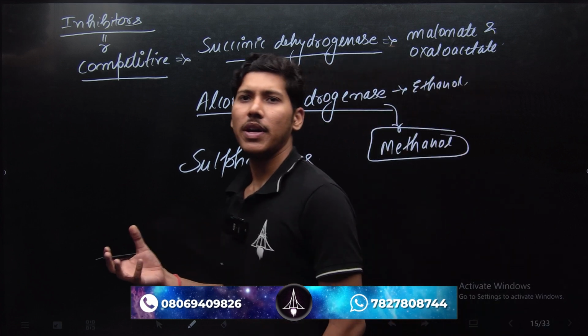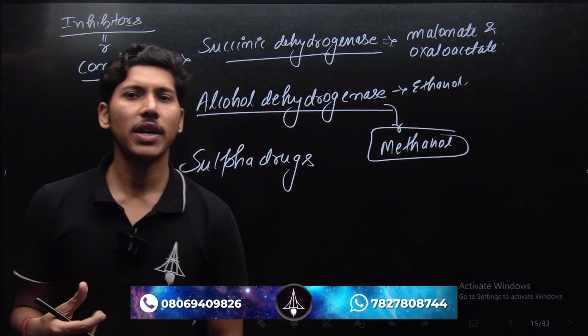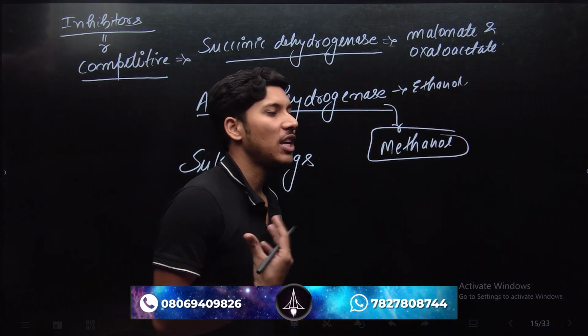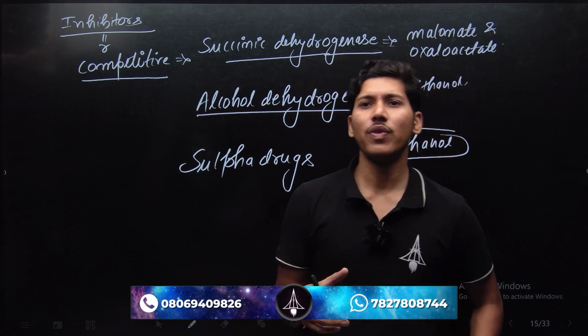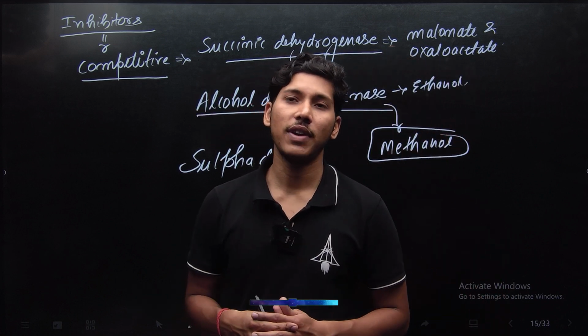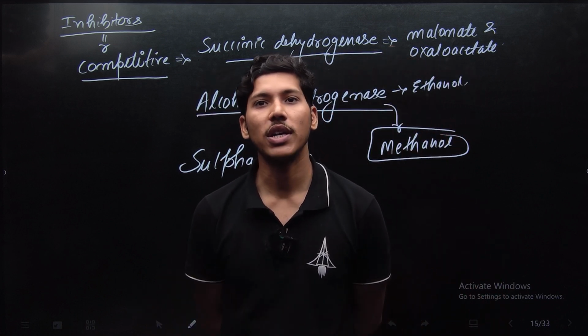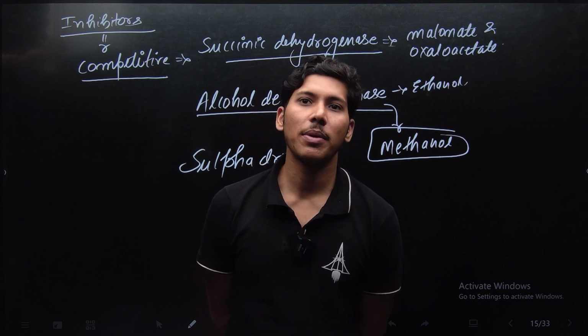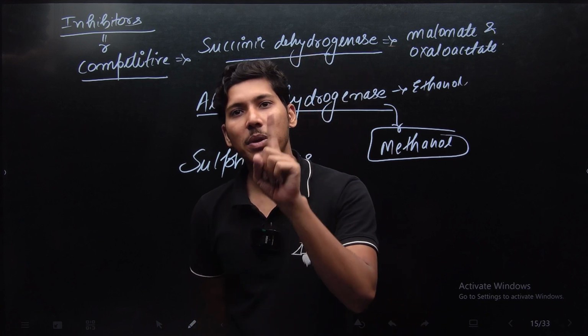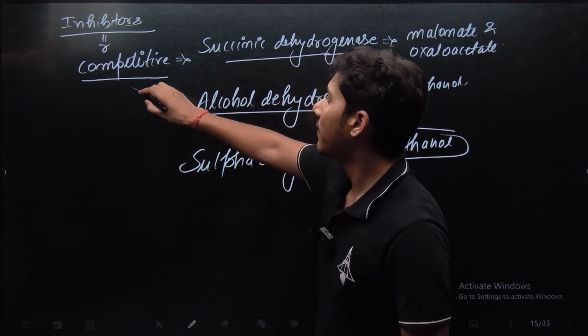In this topic, there is a concept of enzyme inhibition. Anything which decreases the rate of an enzyme-catalyzed reaction is known as an inhibitor. In your syllabus, only one kind of inhibitor is mentioned, that is the competitive inhibitor.